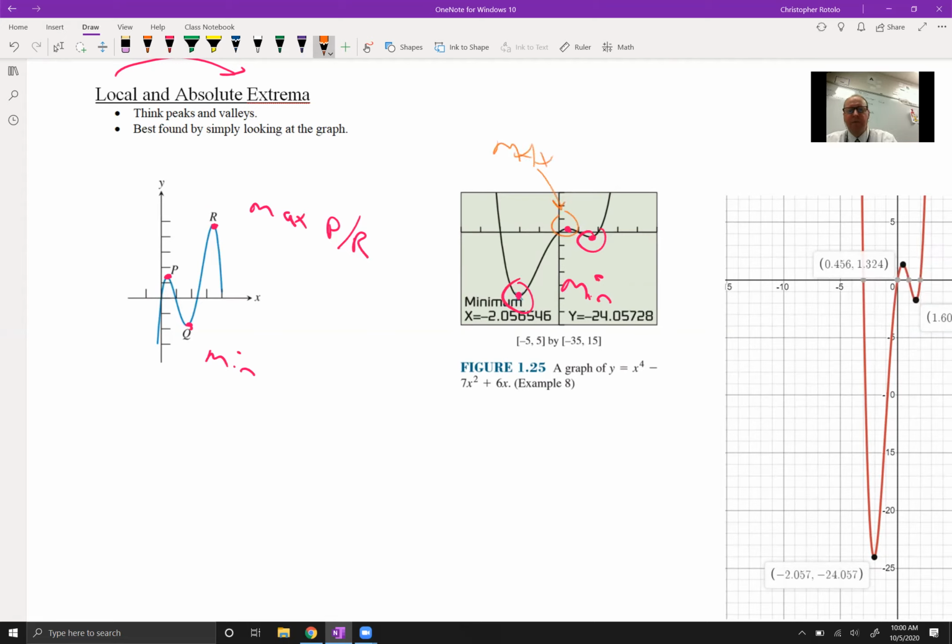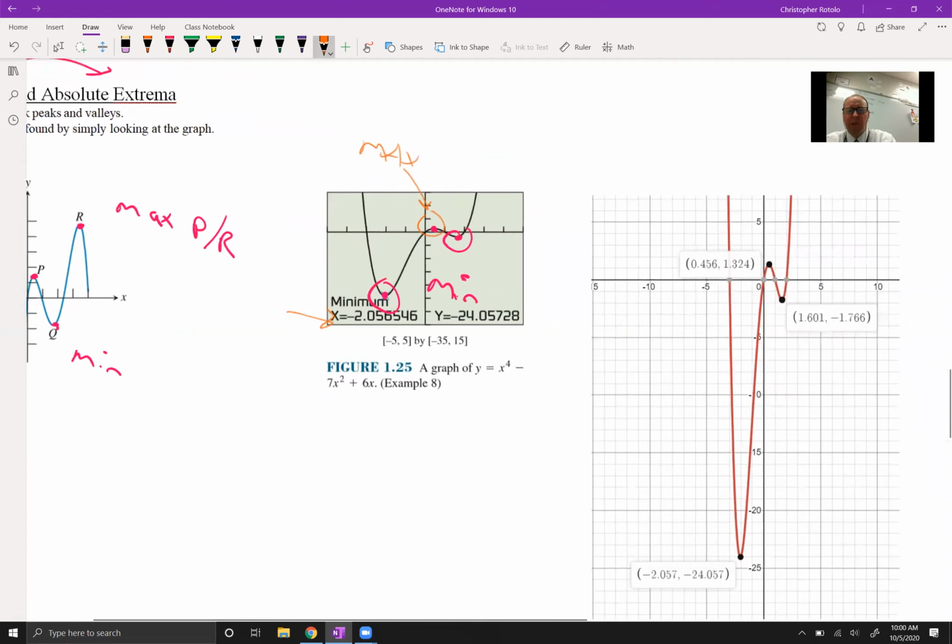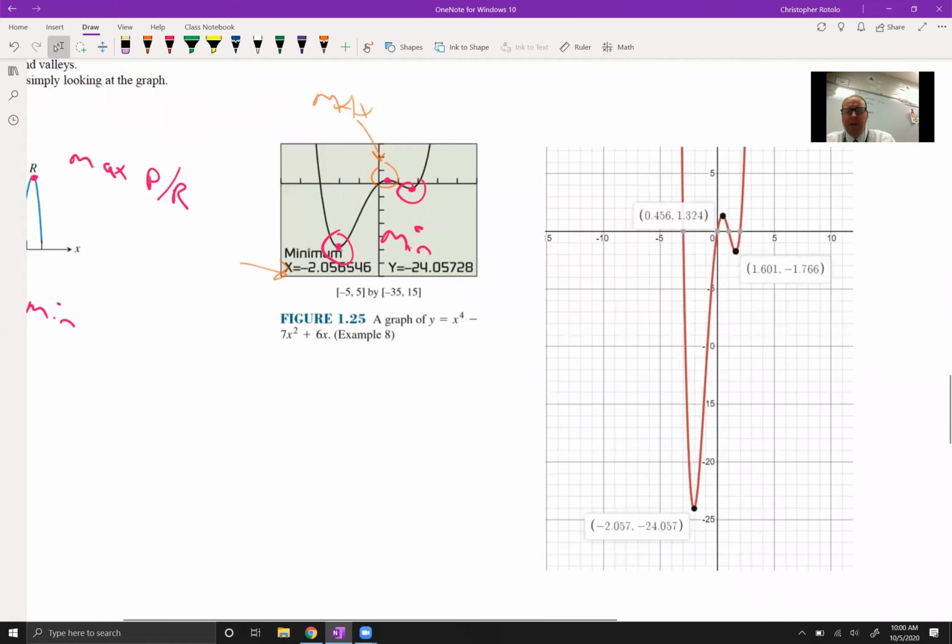Now, if we want to go through and find out all the decimal values in the calculator like this, we could do that. What I did is I took an equation, I threw it into Desmos to try and illustrate the same thing, but I also clicked on those things. All right, so our minimum value, and I'm going to tie the y value to it, because once we start talking about these to get actual minimum values, so these are local mins, that means the y value would be negative 24.